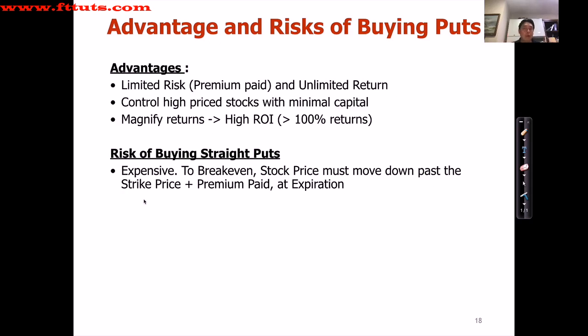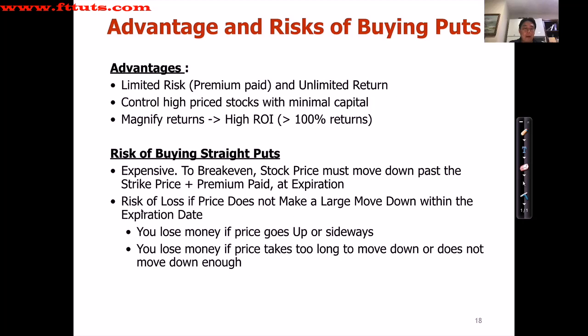Because when you just buy a put, you're paying the premium, and to break even, the stock price has to move past the strike price and the premium by expiration for you to profit from it. So even if the stock price moves down, but it does not move down enough past the premium, you will end up losing money on the trade. Again, we can mitigate this by exiting our put option way before the expiration date. So our break-even price is a lot higher and doesn't have to go down that much.